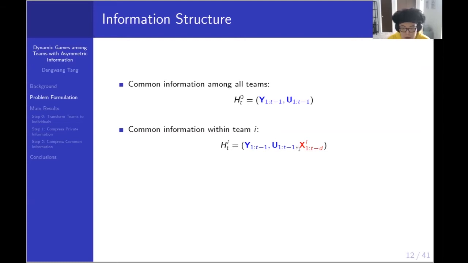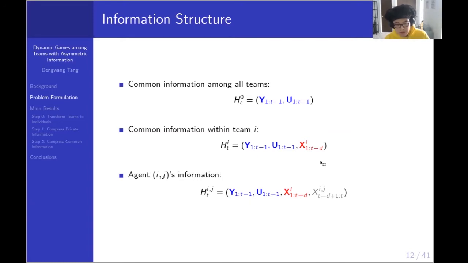This part consists of the perfect observation of their states up to time t minus d. Recall that d is the internal communication delay. And the third level is information that is only private to a specific agent, which is their own component of the state after time t minus d.